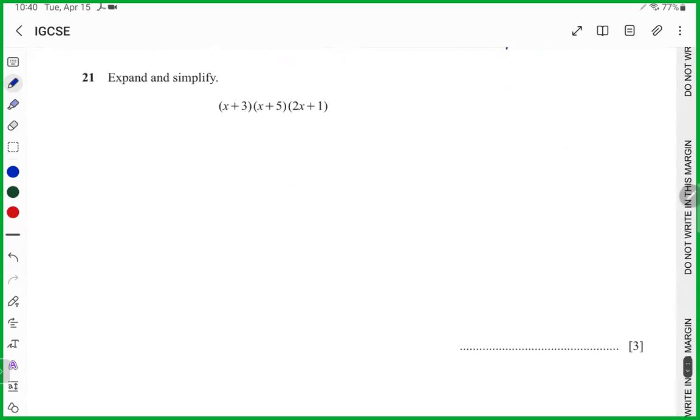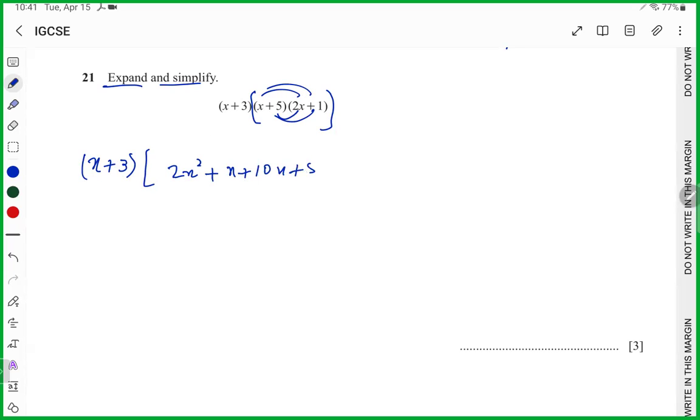Next part is expand and simplify. So what you always do is this. You can keep x plus 3 as it is, times 2x squared plus x plus 10x plus 5. So x plus 3 times 2x squared plus 11x plus 5.